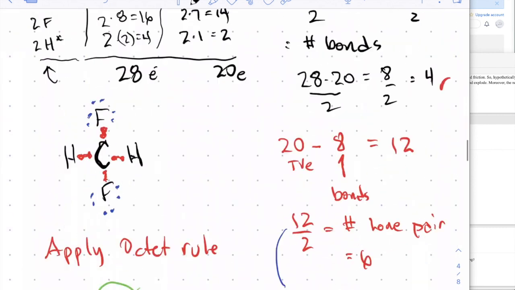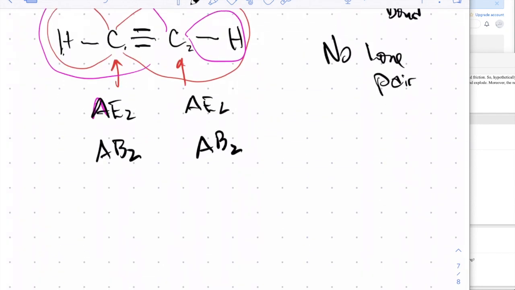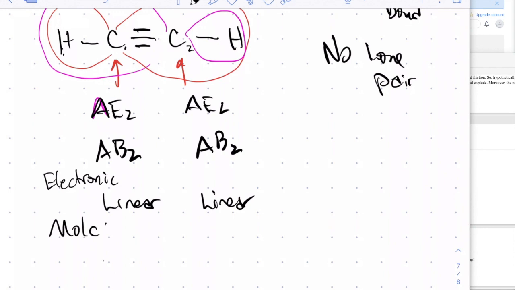So we can finish this off and say that this particular chemical's electronic geometry is linear, and the molecular geometry is linear.